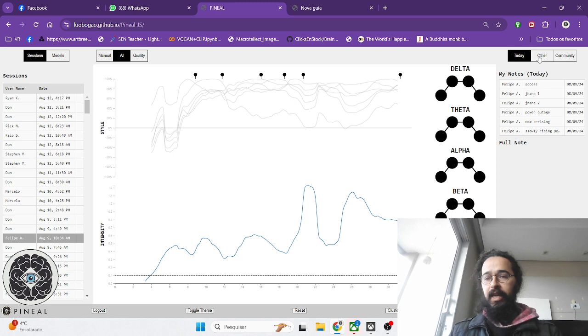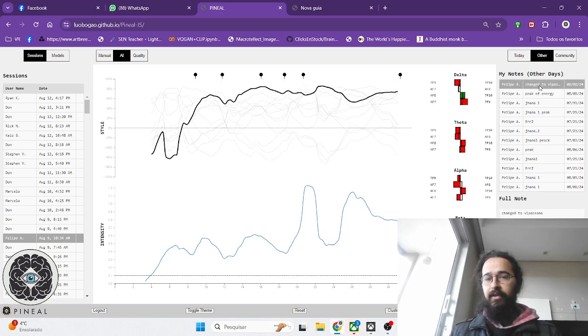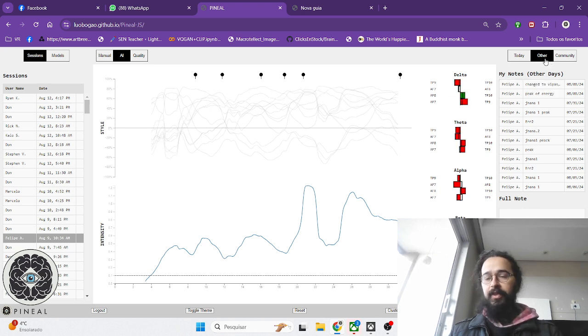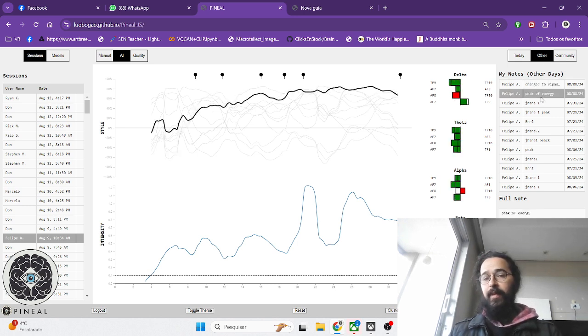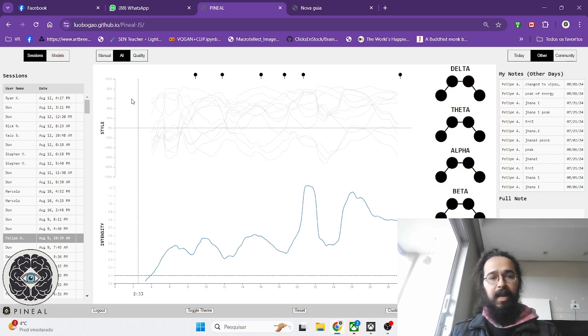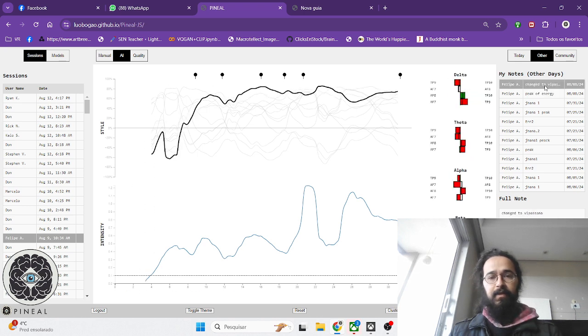Felipe can check if he matches himself here. So again, we came here at other notes of himself, and he matches strong. So change to Vipassana here. Really good match at 80% and sustained, right?